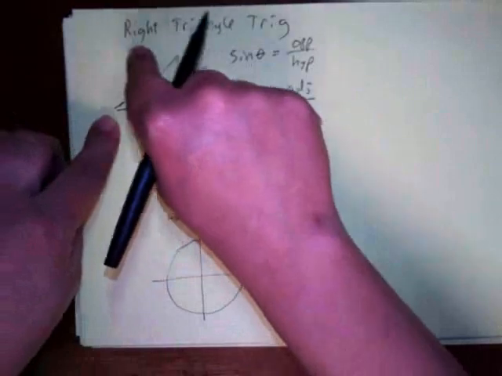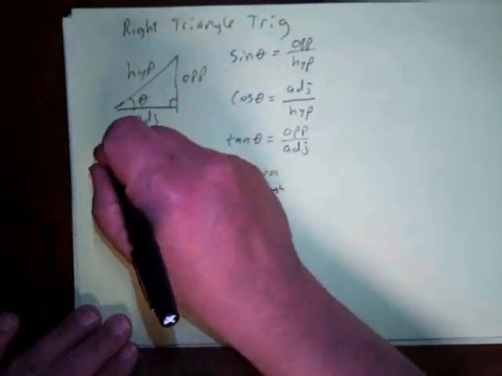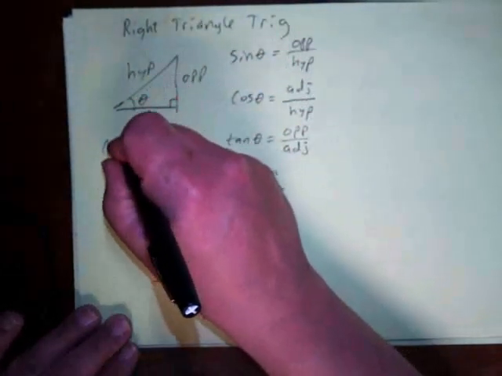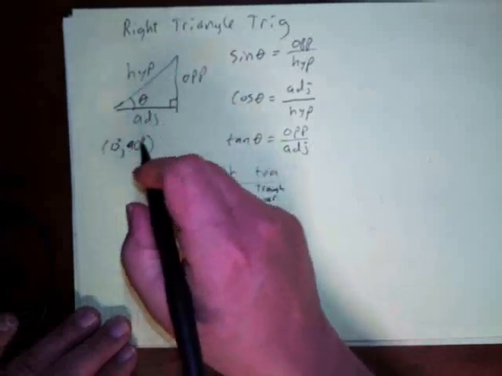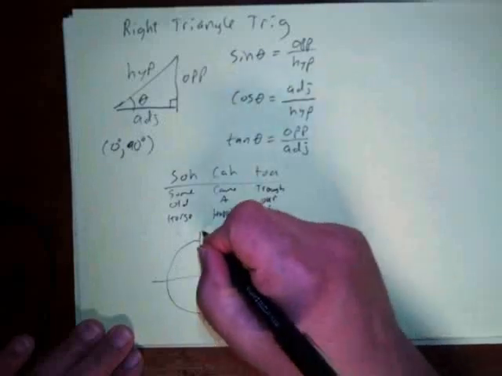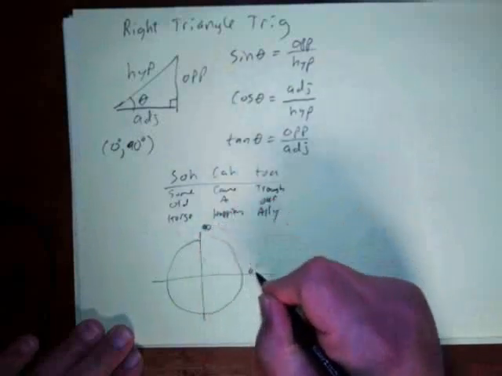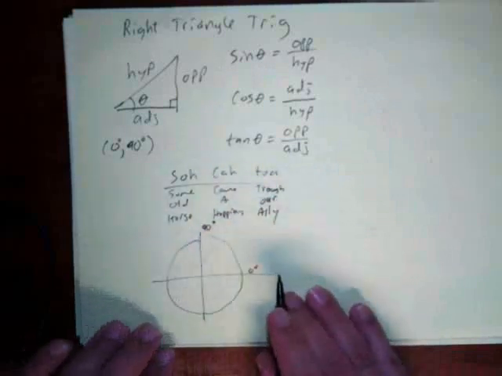And it can't be exactly 90 degrees, because then you wouldn't get a triangle either. So for right triangle trig, it has to be between 0 and 90 degrees, and this is interval notation, not including 0 and 90. This is like the first quadrant here.